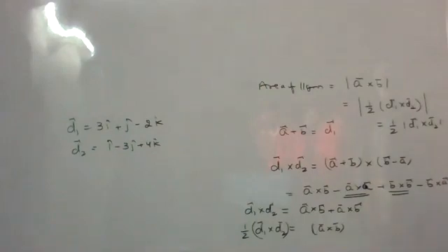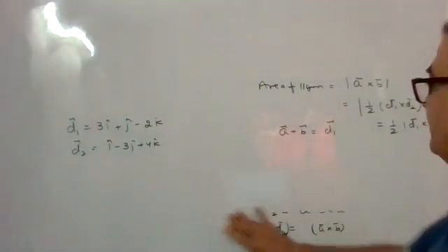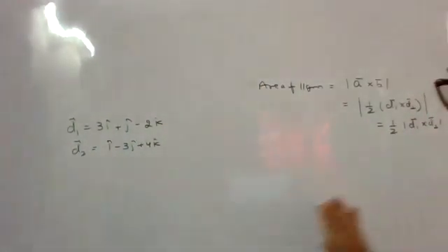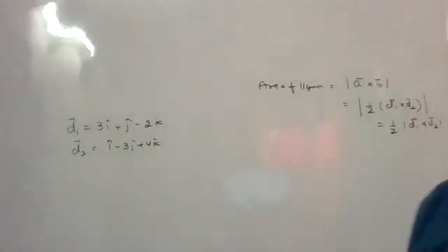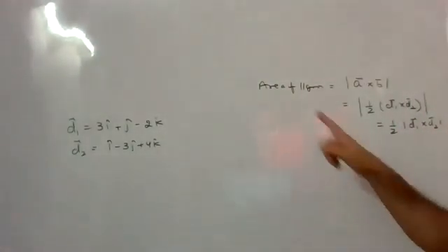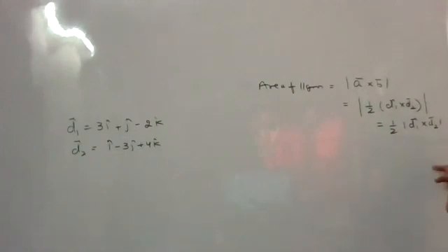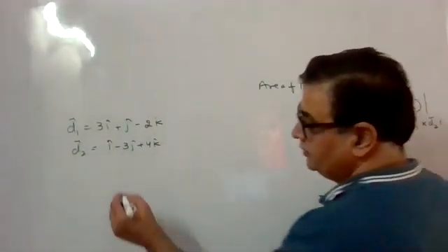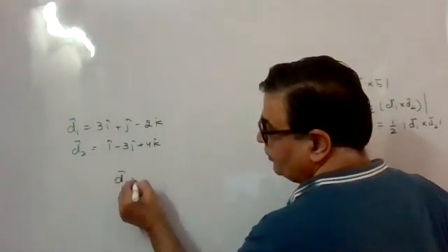Find what should be the area of this parallelogram. So the area of the parallelogram is directly known: magnitude of half D1 cross D2. So first find D1 cross D2.